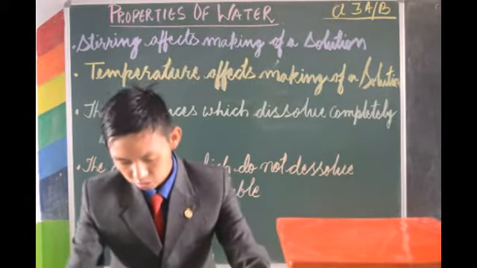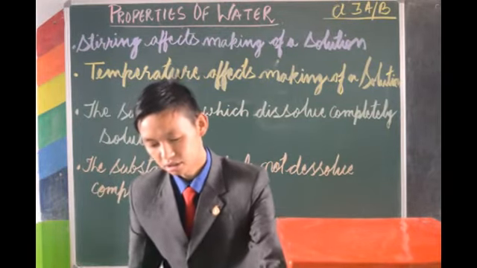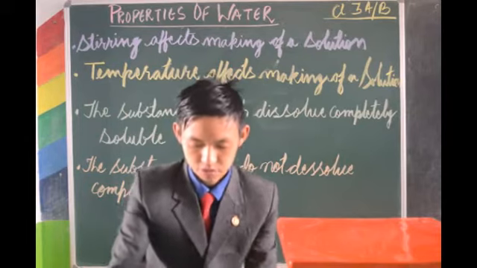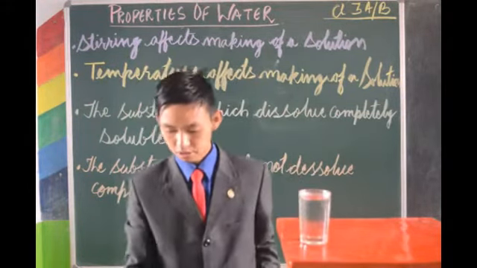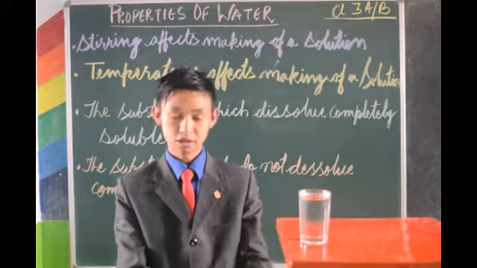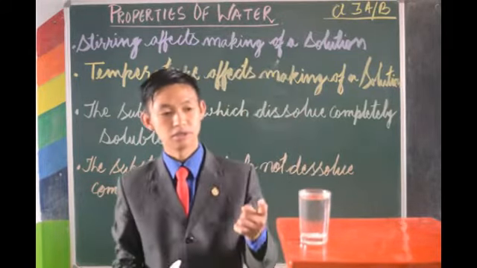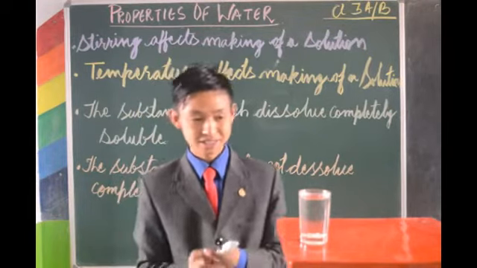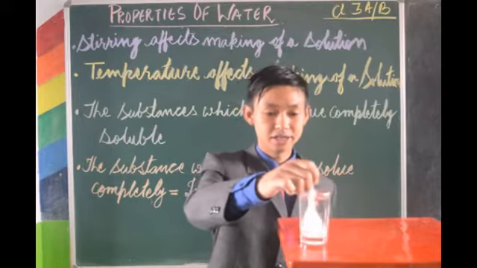Temperature also affects the making of a solution. How? This is my hot water, and it is not so hot. Now I am going to add sugar. Here also it will not dissolve fast by itself, but if we stir it, it will dissolve fast. So we have to stir it until it dissolves.